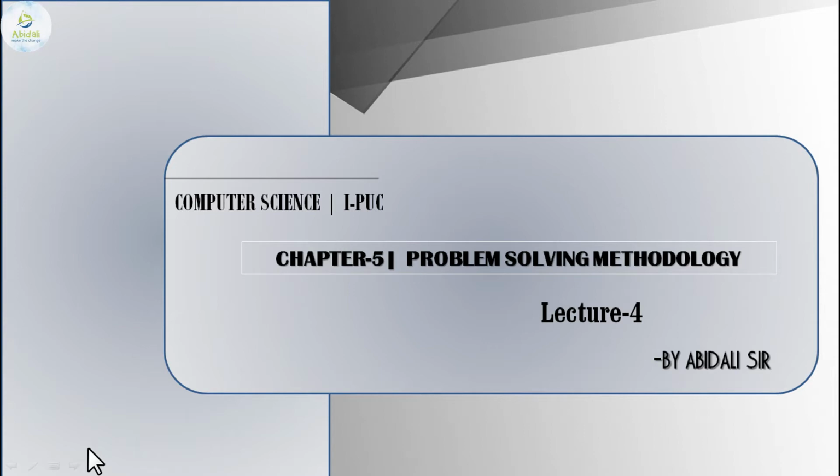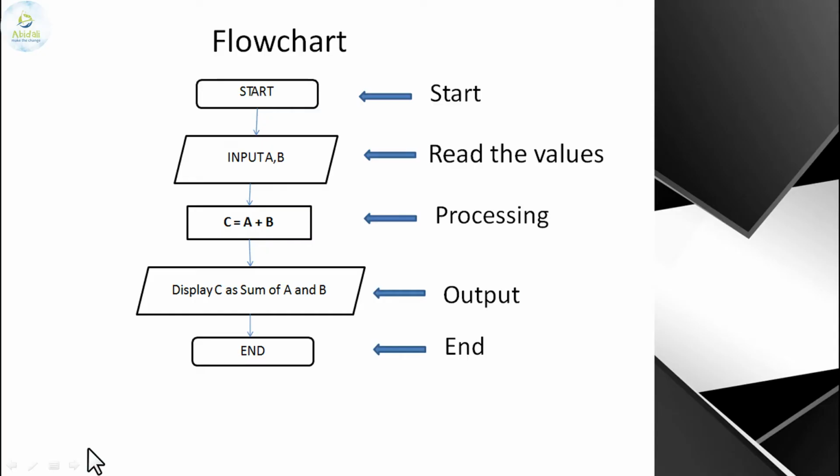In problem solving methodology lecture number 4, let us take an example and see how a flowchart has to be written. This flowchart is for finding the sum of two numbers.